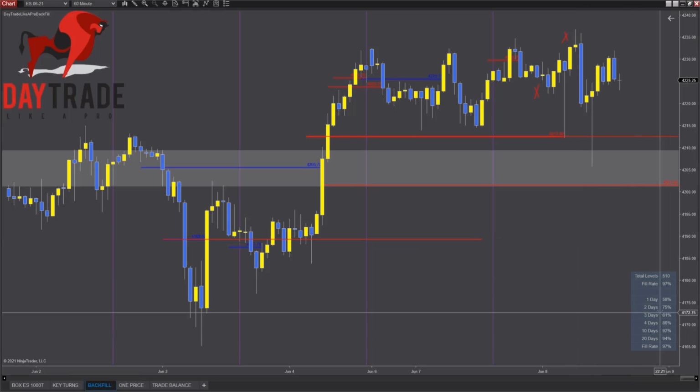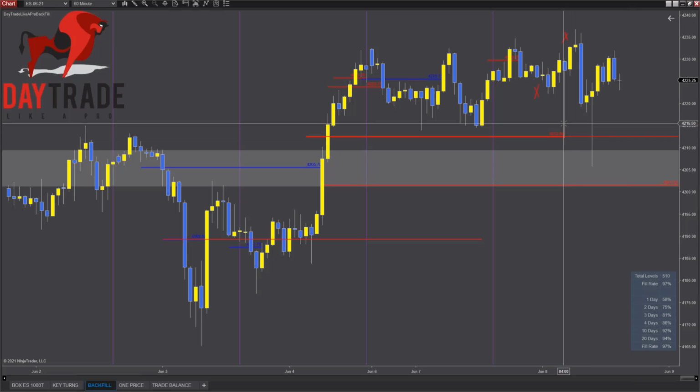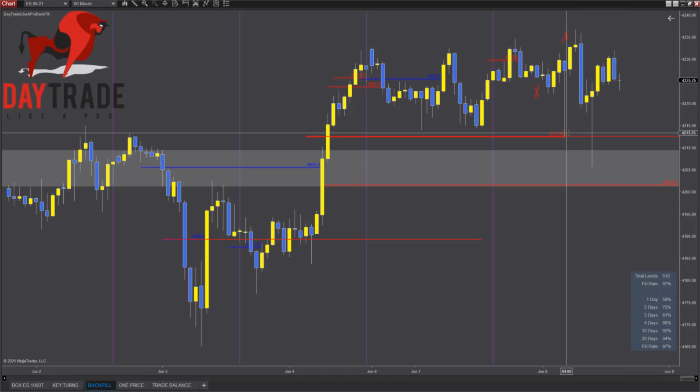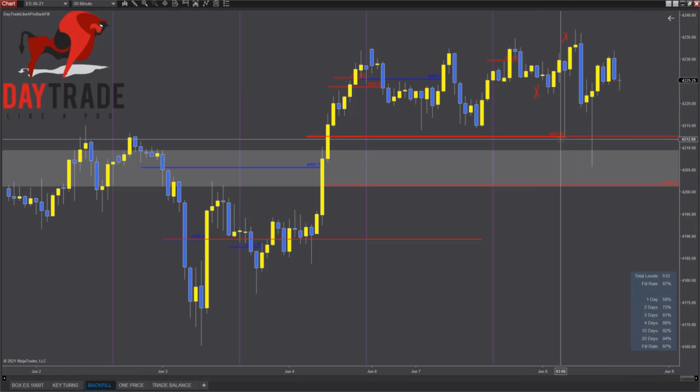Also, I just like knowing if this correlates with another number, like we had a CP today, a prediction point at 10. And let's just say I had a CP at like 14 and I have backfill at 12.5, I'm going to be paying some attention to backfill down here at 12.5.